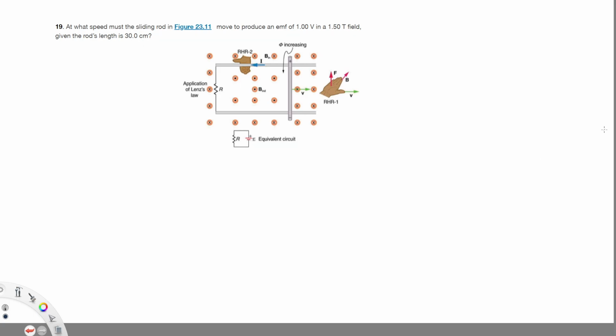So how fast does this bar have to move in order to produce 1 volt of EMF?